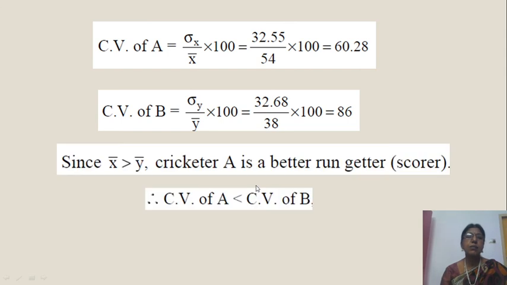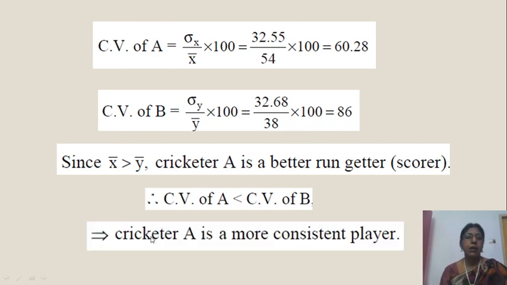So what is the conclusion? Here X bar is greater than Y bar, so cricketer A is the better run scorer. CV of A is less than CV of B, therefore cricketer A is the more consistent player.